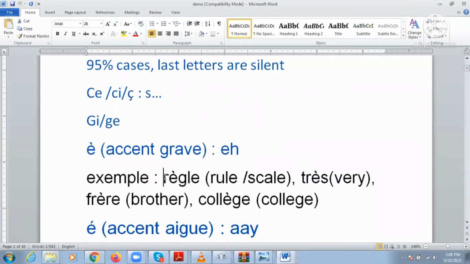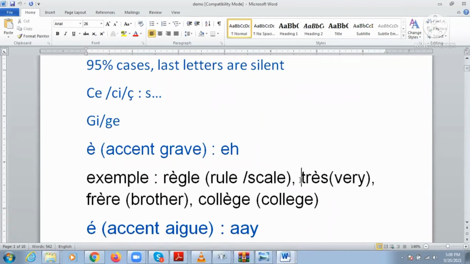Okay, wait. Are these example spellings wrong or what? No, no, it's French only. In French we write it like this. Exemple. So this is règle, which means rule or scale. Then we have the next word.